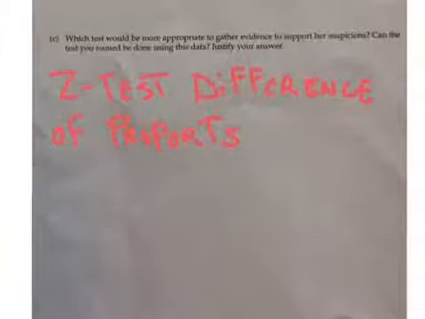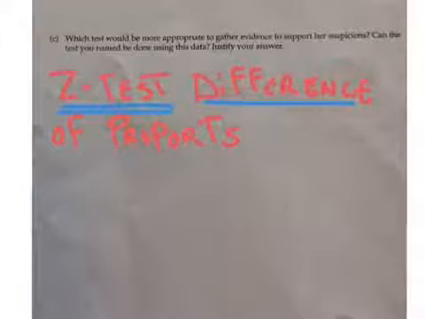So if we do a proportion, we would use a z-test, difference of proportions. Dude, really? That says proports. Okay, let me fix that. Proportions. Okay, there. Z-test, difference of proportions. There.